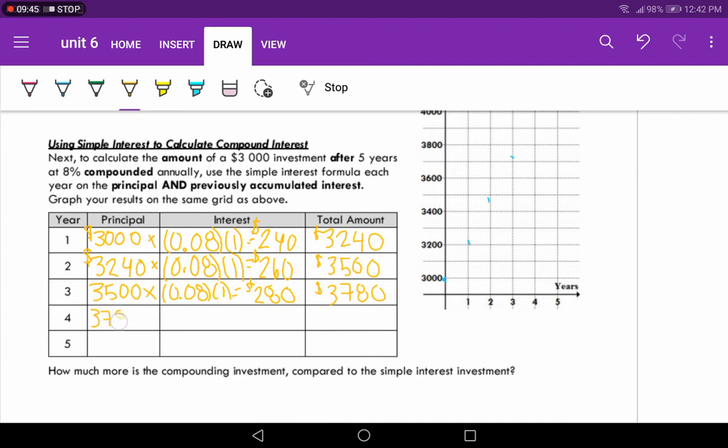Okay, that total amount becomes my principal. Because the benefit of this compound interest is that we make money on the money we've already made. Multiplying by 0.08, multiplying by 1. This time I'm making $302. Okay, that means my total amount is $4,080.